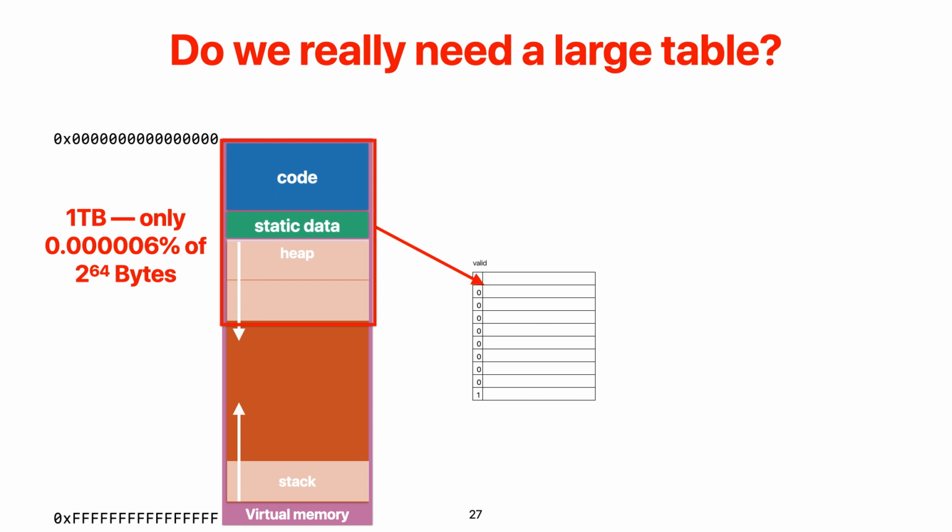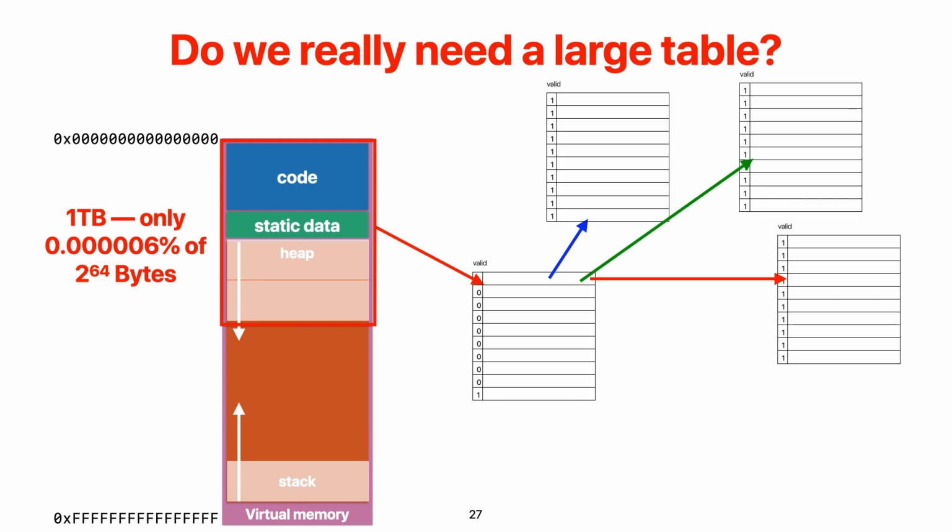If you organize your page table like a tree, say the first level contains 512 entries, then this would account for only 1 entry in the root node of the tree.